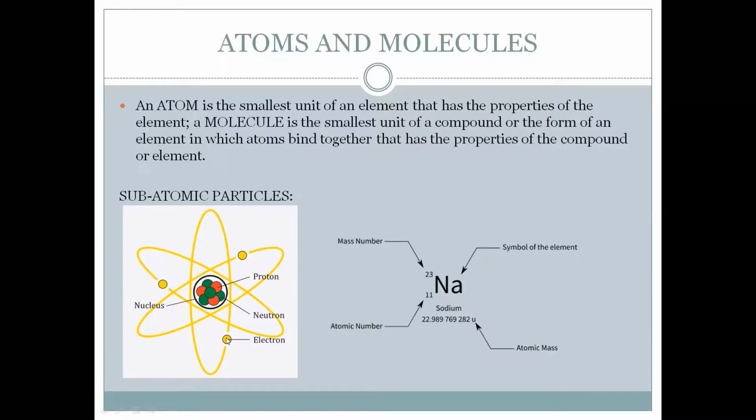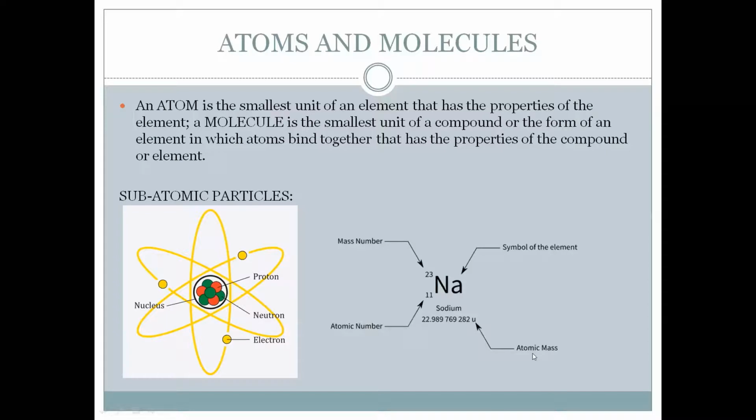And electrons are negatively charged. Okay? So dito naman, ito yung nakikita natin sa mga periodic table. Mass number is the number of protons and neutrons. Atomic number is the number of protons. Atomic mass is the weight, the mass of the whole atom.